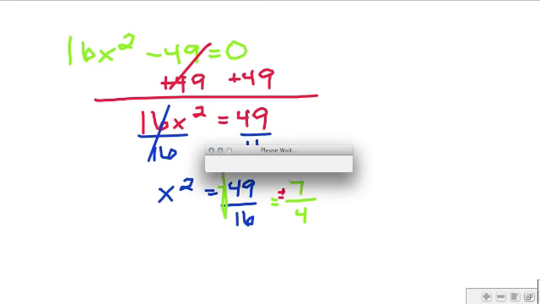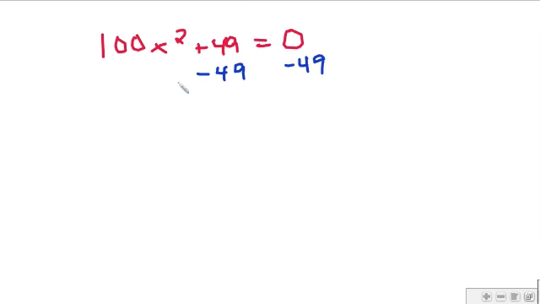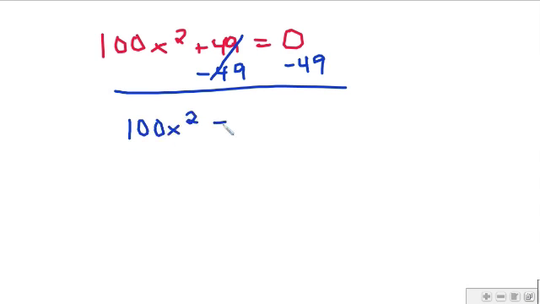Okay? You have 100x squared plus 49 equals 0. All right, just like the last problem, we want to get that x squared by itself, so I'm going to subtract 49 this time. All right, these cancel, and I get 100x squared equals negative 49.